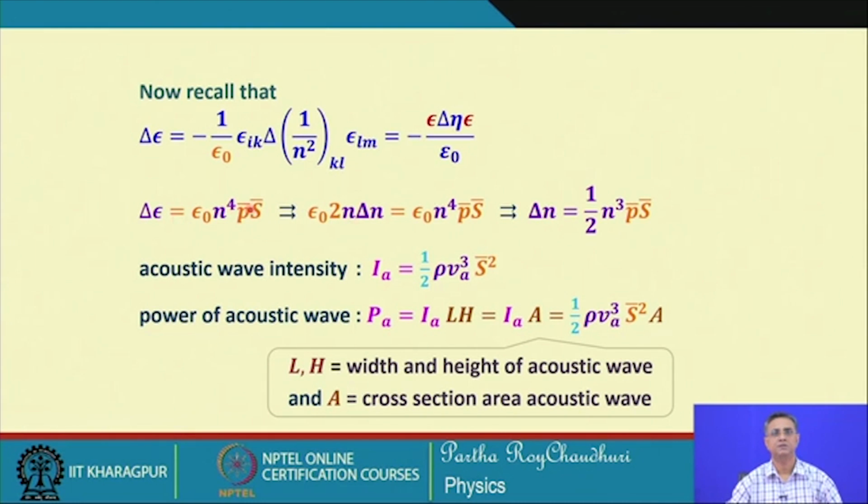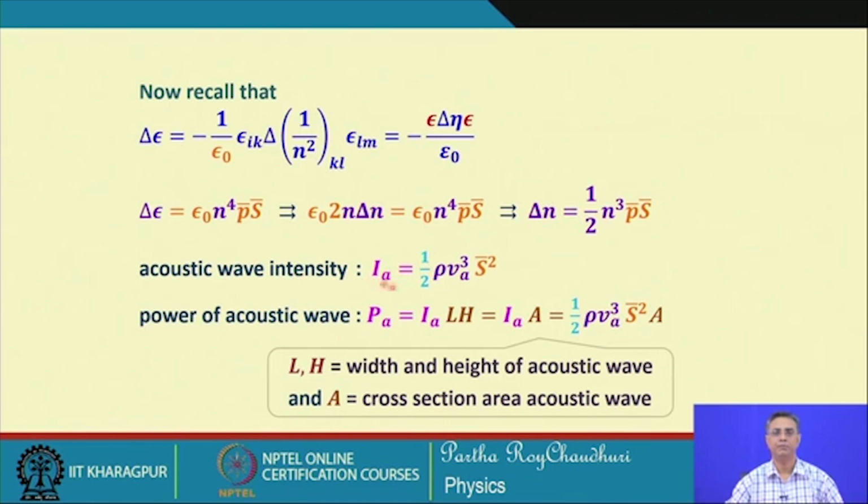Because you have delta eta, this delta eta gives you delta of 1 by n square, which is twice n delta n, and this n to the power of 4. Therefore, we get this equation: delta n is equal to half n cube p s.